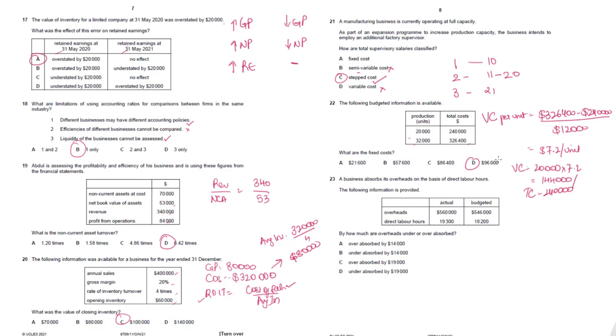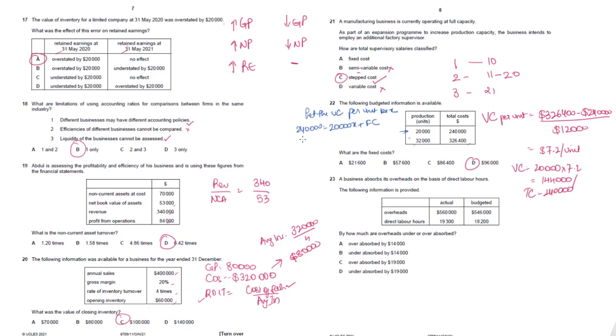What you could do also is you can say let the variable cost per unit be X. So by that logic, for the first set of information for 20,000 units, total cost is given as 240,000. So total cost will be equal to 20,000 X plus fixed cost.